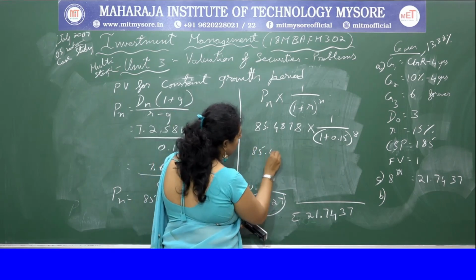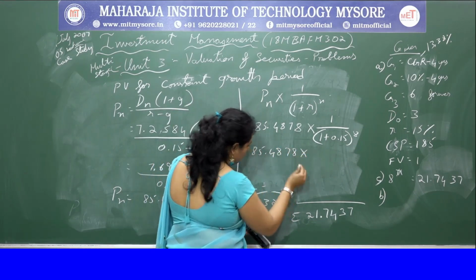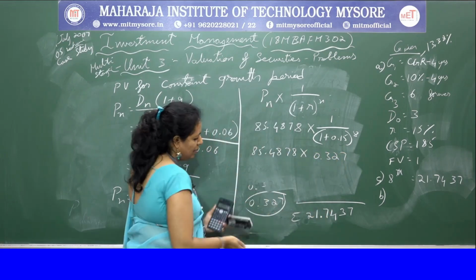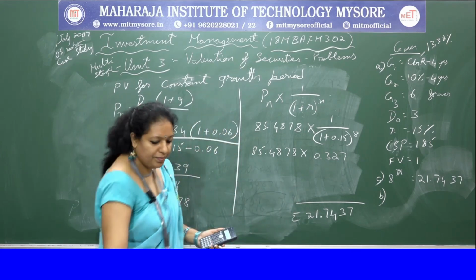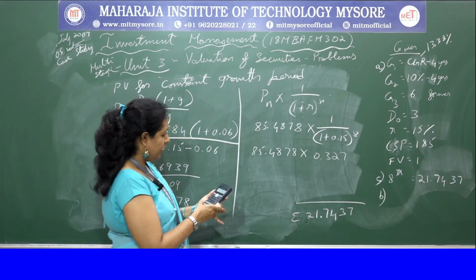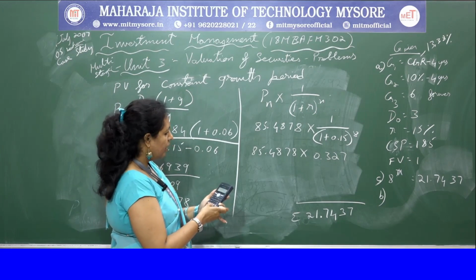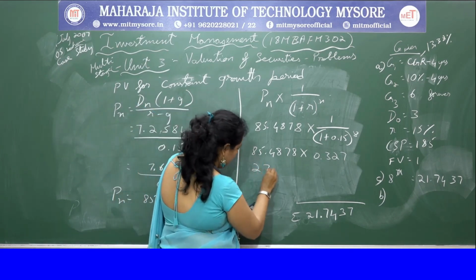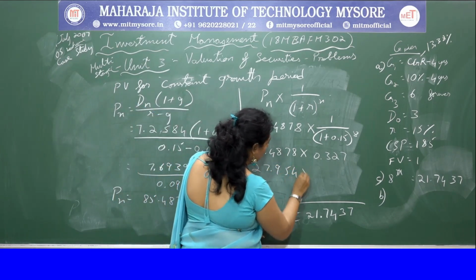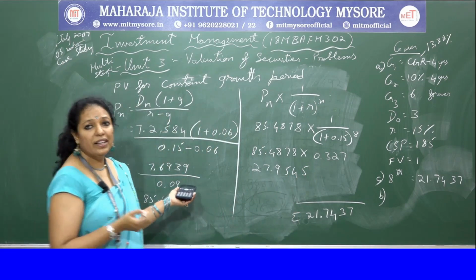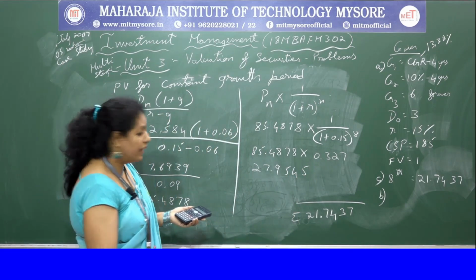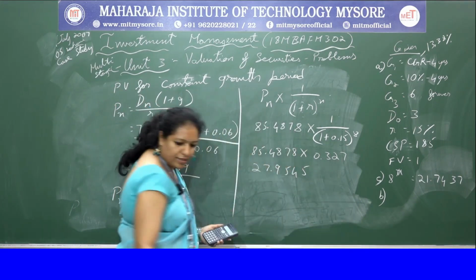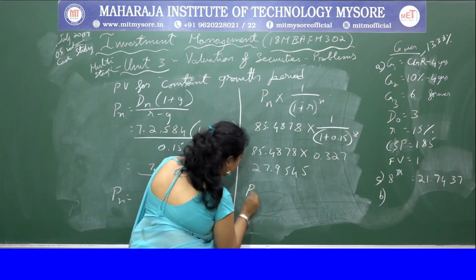So I have only retained that value. 85.4878 into 0.327, this value I have taken it here. So let us calculate 85.4878 into 0.327, 27.9545. I have got 27.9545. Okay, so last bit we will have to calculate P naught.